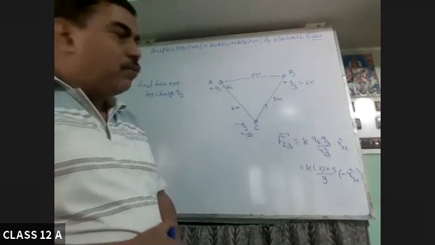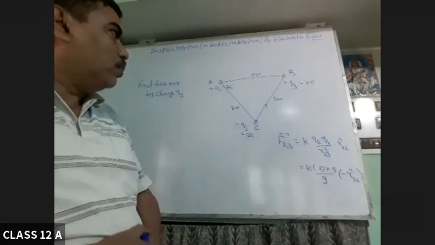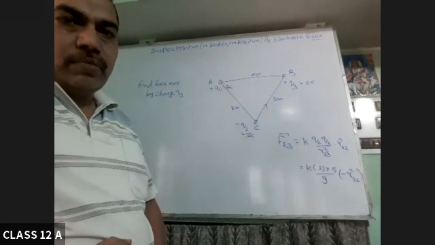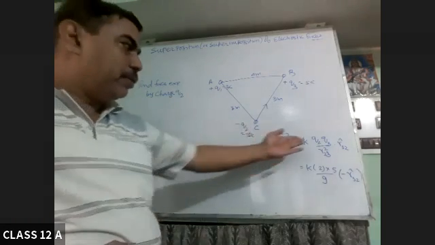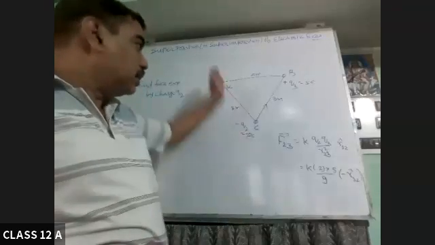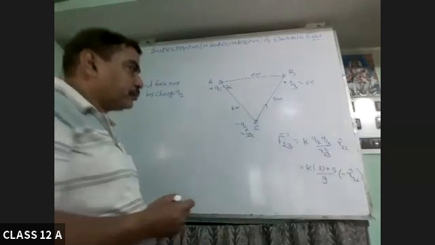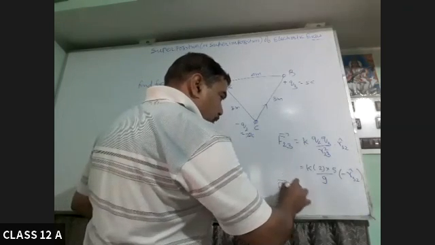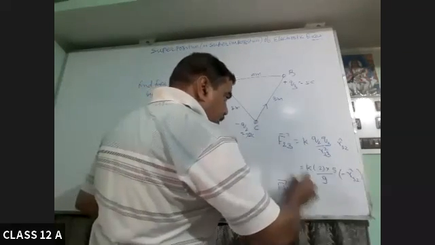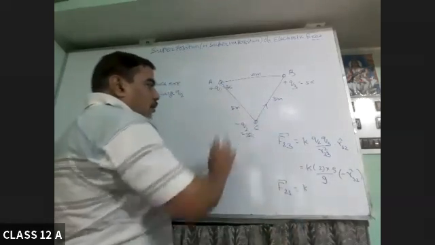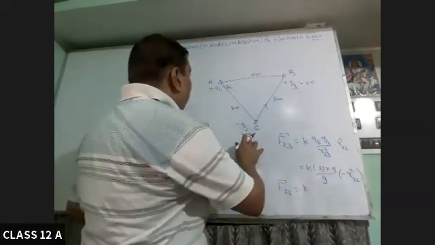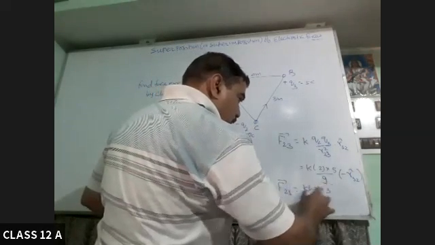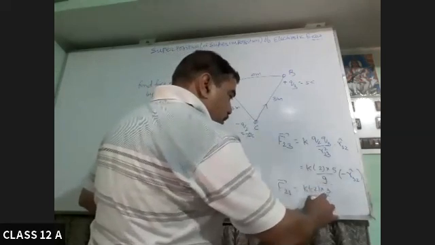Now similarly, what is the force experienced by Q2 due to Q1? What is the direction? The magnitude we will find from Q1, Q2 over this distance. So F21 is K, minus 2 into 3 by distance 4.